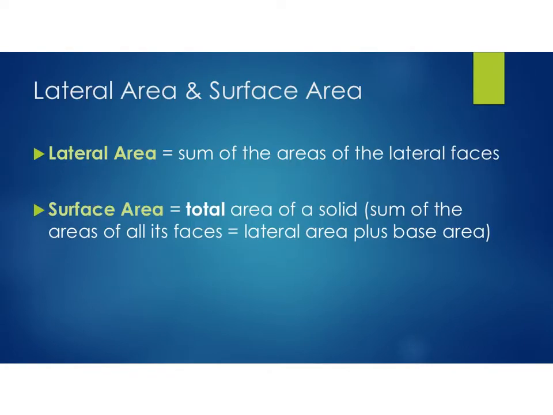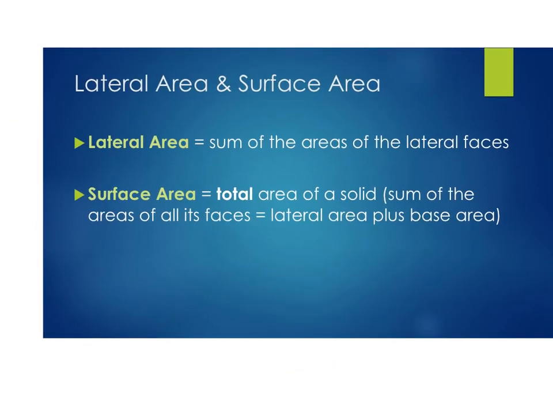So first we're going to talk about lateral area and surface area. First we're going to define what lateral area is. Lateral area is the sum of the areas of the lateral faces. So it's going to be all of the side faces, but not the base. So it's not going to be a base area.